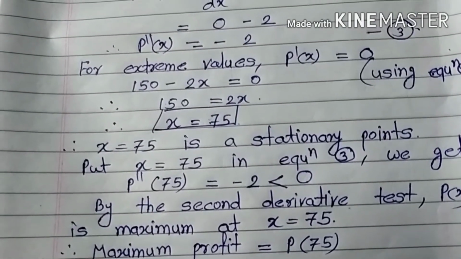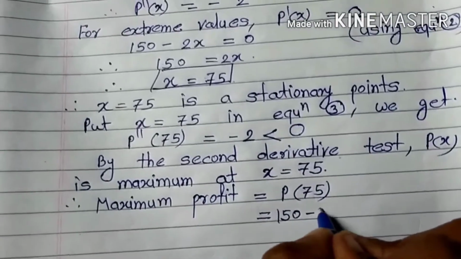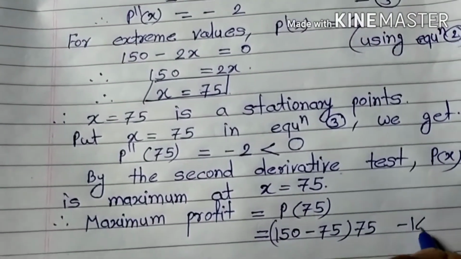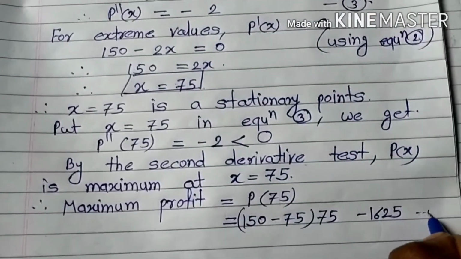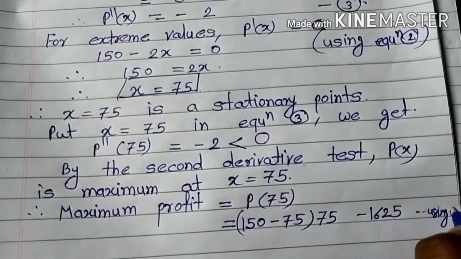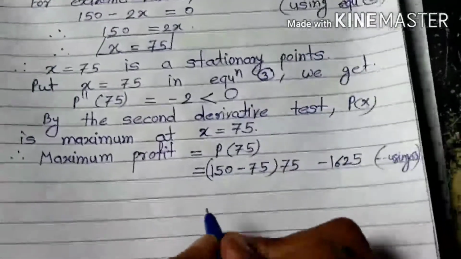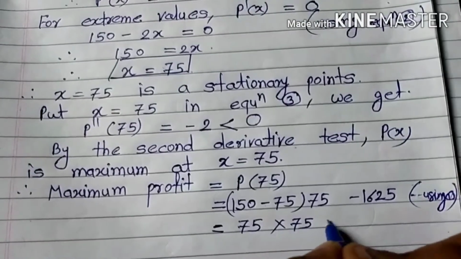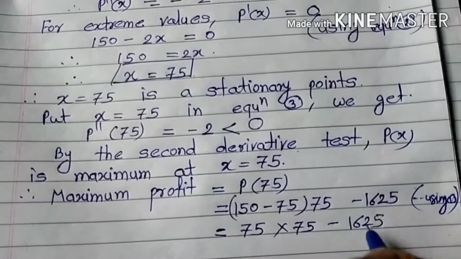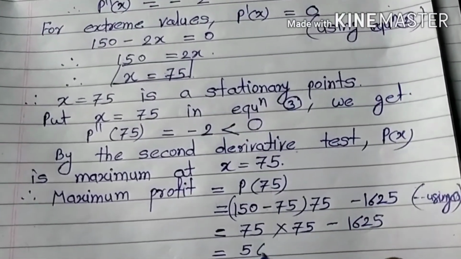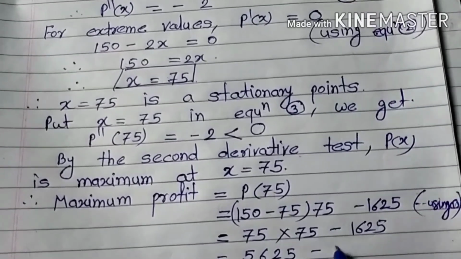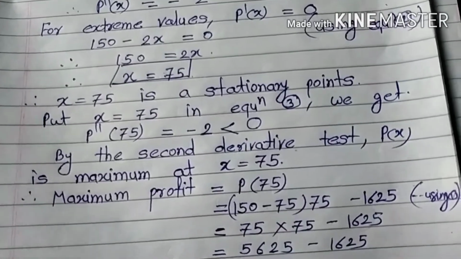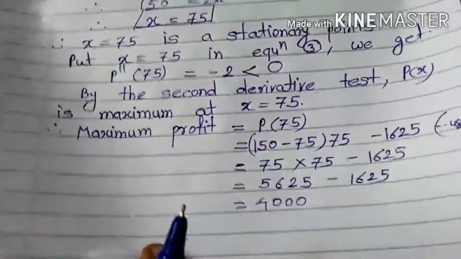Using equation first, 150 minus 75 into 75 minus 1625, so it will become 75 into 75 minus 1625, 5625 minus 1625, that will become 4000. So it is our maximum profit.